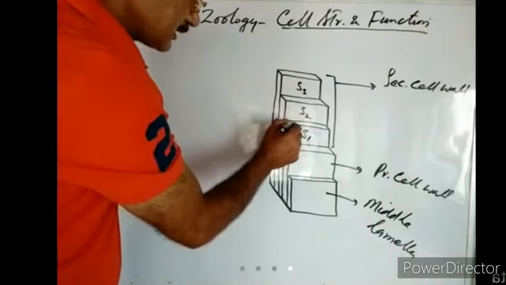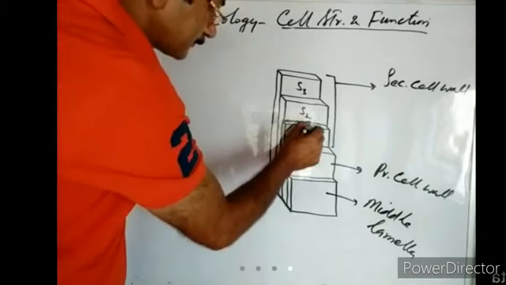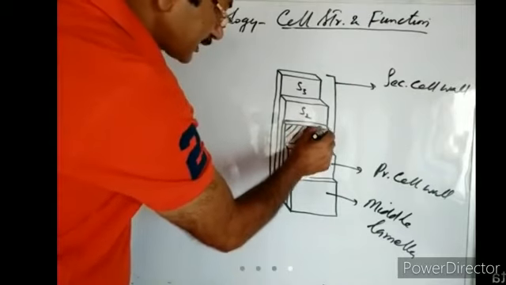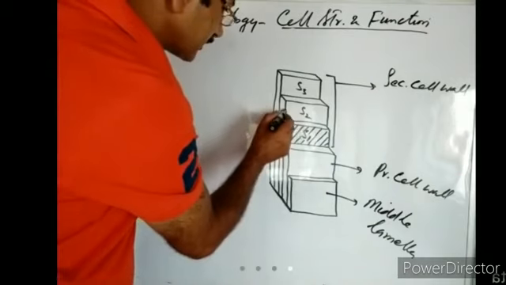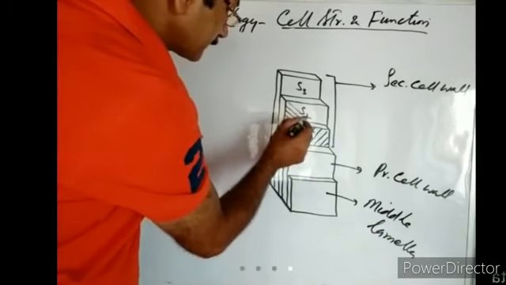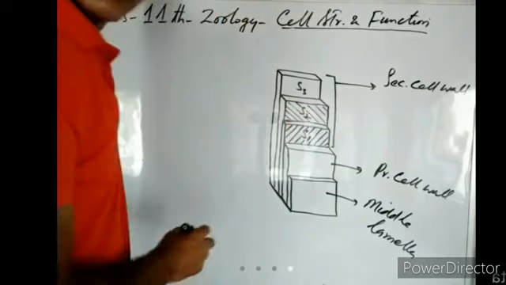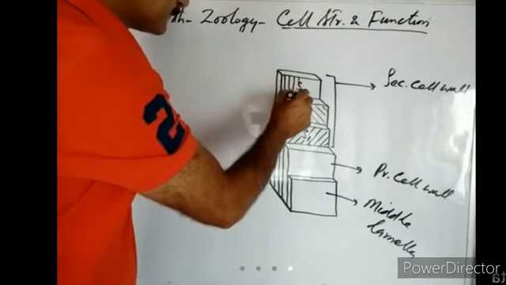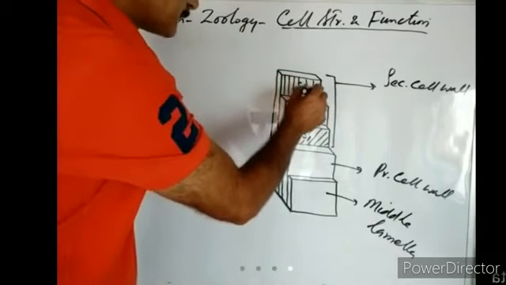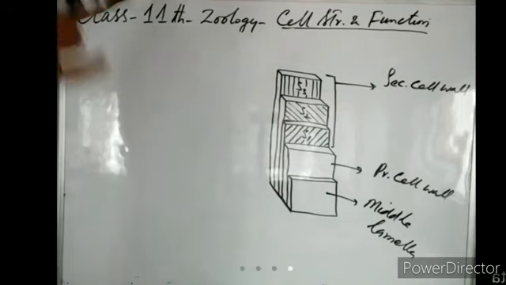Suppose in the S1 layer, the cellulose microfibrils are in this direction. In the S2 layer, they will be in this direction. In S3, they may be in this direction. So the 3 layers of the secondary cell wall differ from each other in the direction of their cellulose microfibrils.